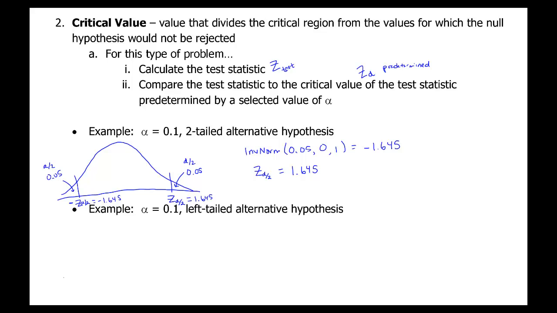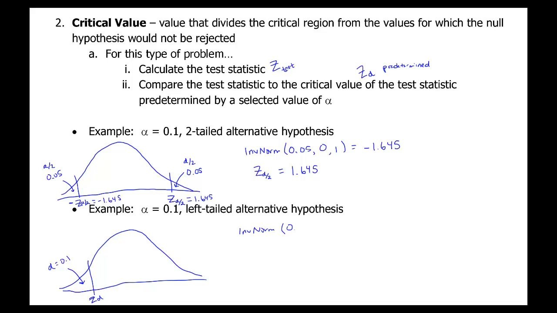All right, in a one-tailed test, this one is left-tailed. So we're going to be just on the left side. We're given that alpha equals 0.1, and all of it's over here. We don't have to split it up. But then we want this number for z, so z alpha. And again, if we have an area, we can calculate z.